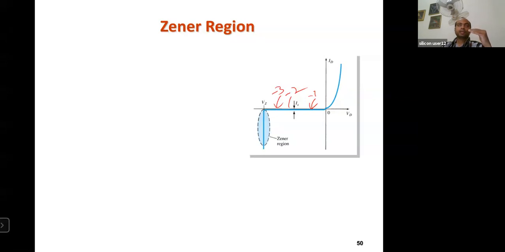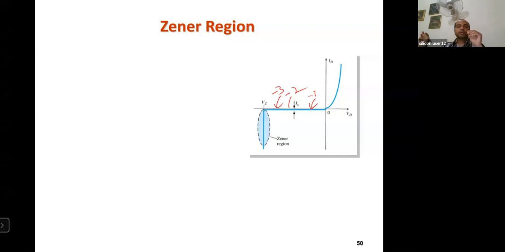At the beginning, in an intrinsic semiconductor, when light or any energy comes, it breaks down some of the stable atoms and creates an electron-hole pair. In this case also, we are just increasing the kinetic energy of the minority carrier.